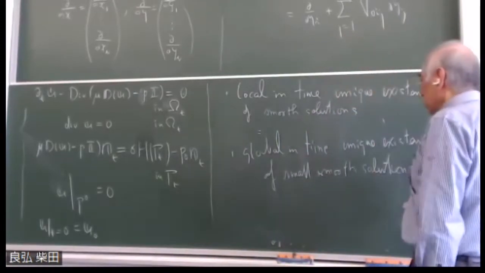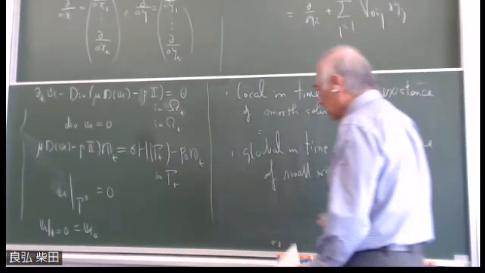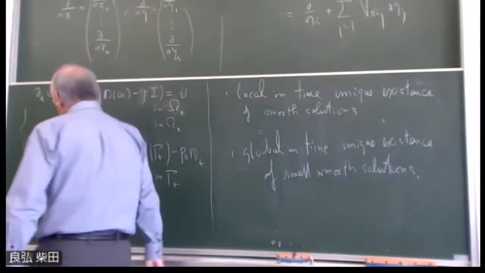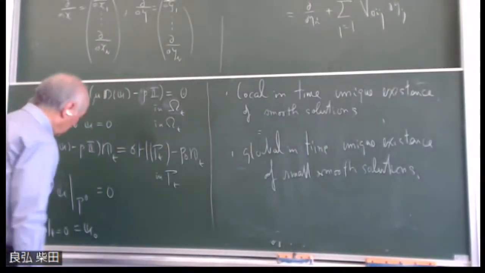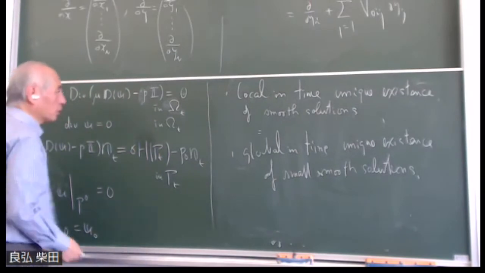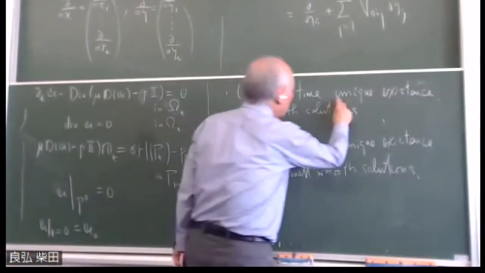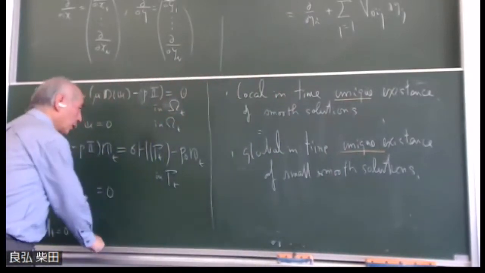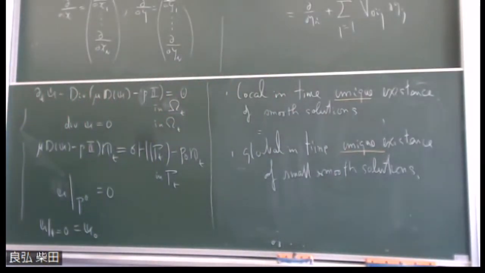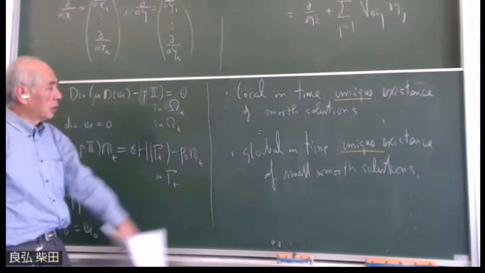Then we don't care how small, just small. So the point is the uniqueness. Then both theorems can be proved.